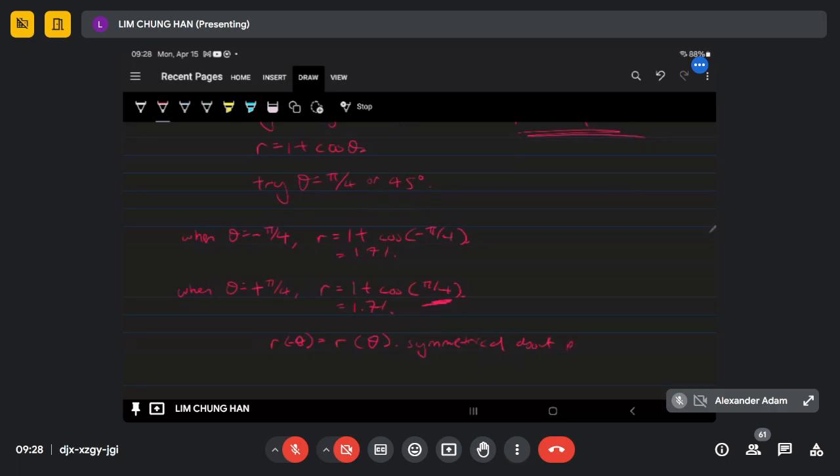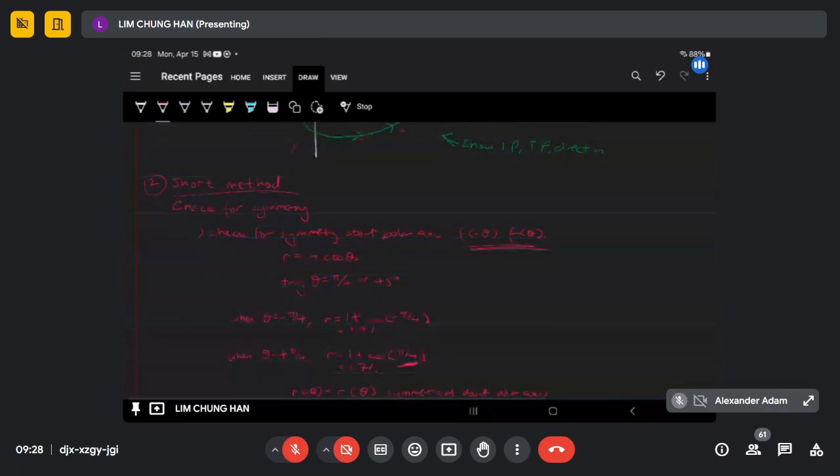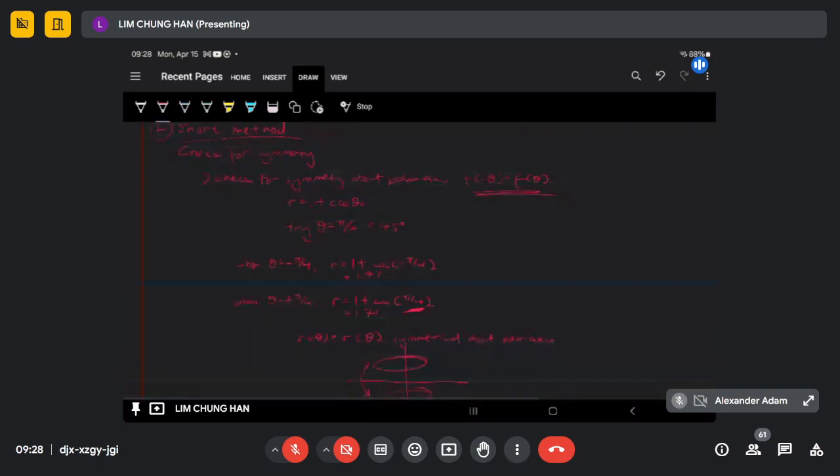So this function is symmetrical about the polar axis. What that means is what shape you get on top, you can mirror to the bottom. Whatever happens on top is mirrored at the bottom. So we've done one check. Let's do the other check, for completeness.